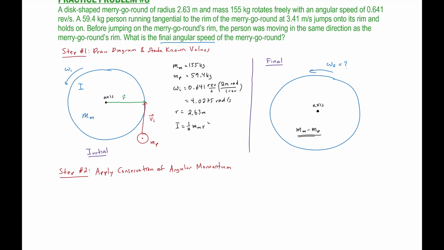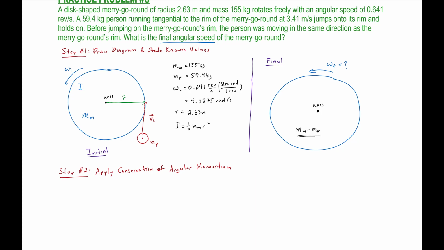So we've drawn our diagram. We can say that angular momentum is conserved because the merry-go-round rotates freely. Let's now set up our equation, but keep in mind there are two objects here, the solid disk and the person. Initially, we have to consider their momentum separately, and then at the end they're stuck together.